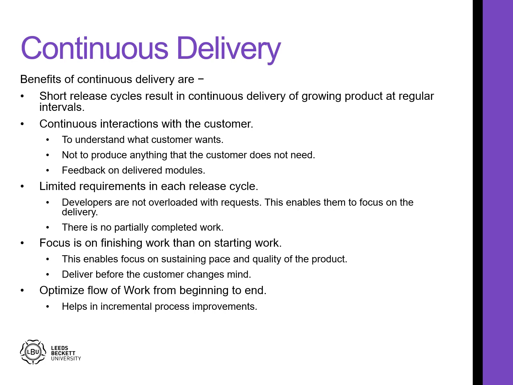Limited requirements in each release cycle. Developers are not overloaded with requests. This enables them to focus on the delivery, so you're not constantly having multiple things happening at the same time. It focuses on finishing work rather than on starting. So it's all about going from the customer's viewpoint, pulling the product through the system, and it optimizes flow of the work from the beginning to the end.